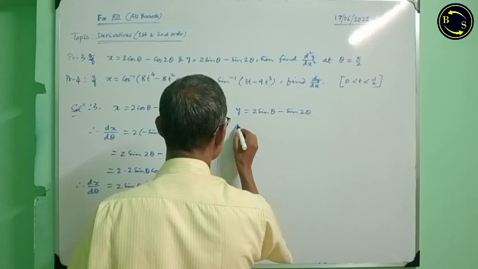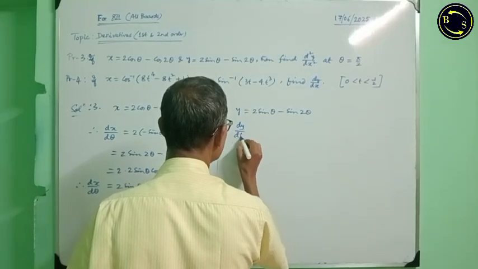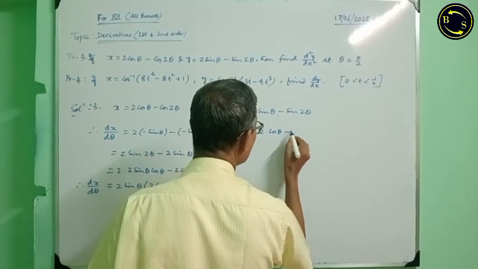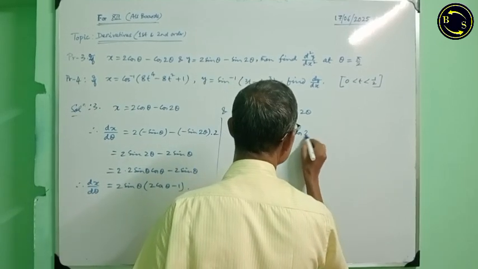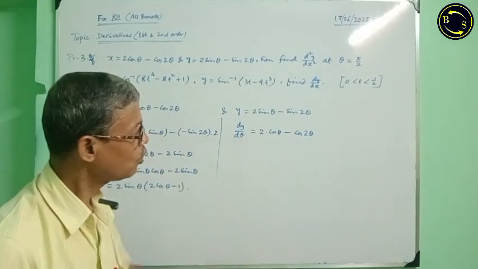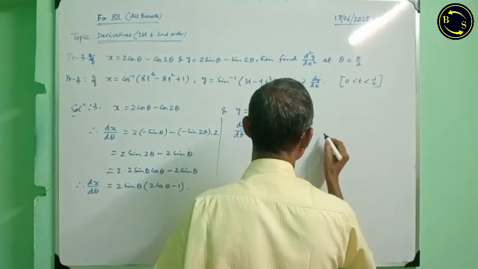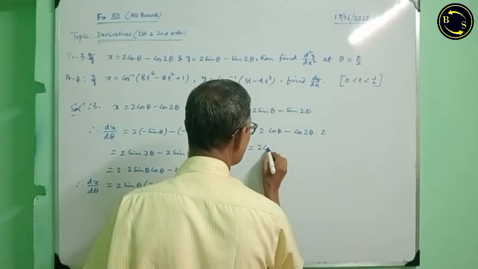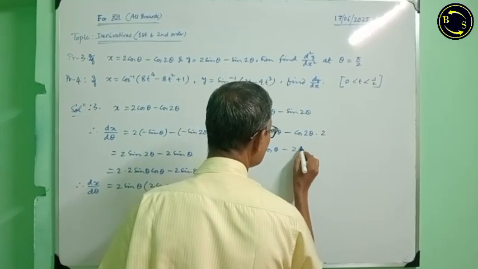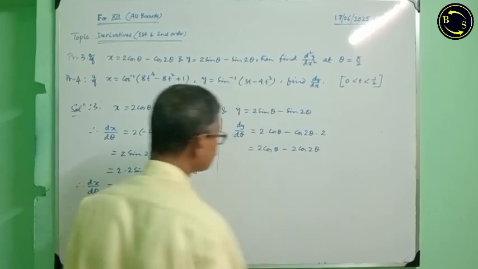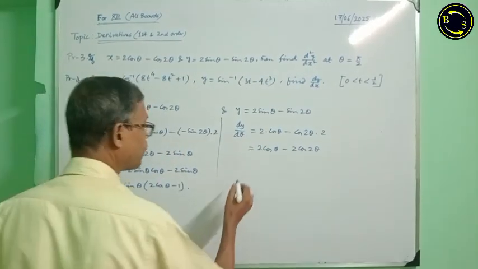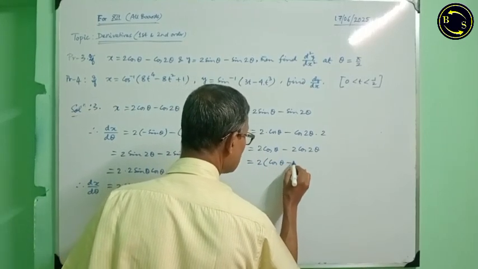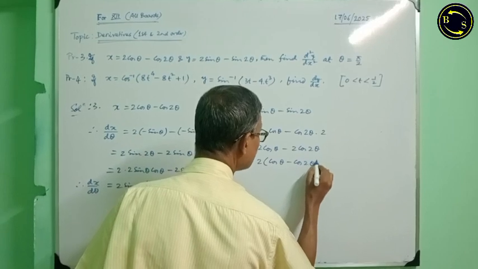Then dy d theta, 2 derivative of sin theta is cos theta minus cos 2 theta, sin u form cos u into du d theta will give 2, cos theta minus 2 cos 2 theta. 2 is common factor, 2 (cos theta minus cos 2 theta).